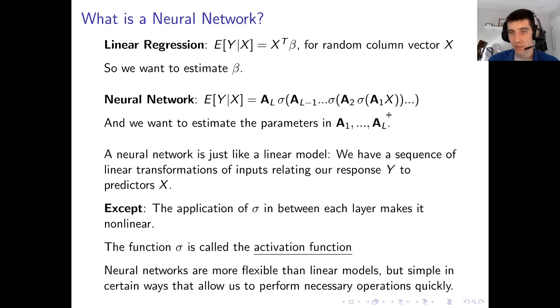So we have flexibility in that we're working with something nonlinear, but simple in the sense that it's similar to being linear. We have some trends that emerge and some operations we can take advantage of because of it being almost linear, except for these iterations in between of the activation function.